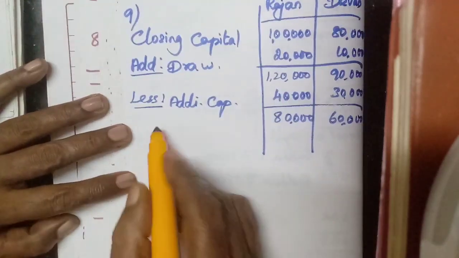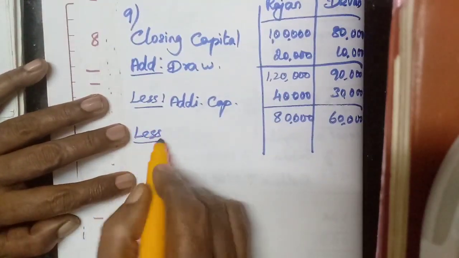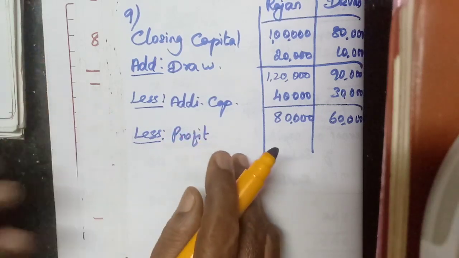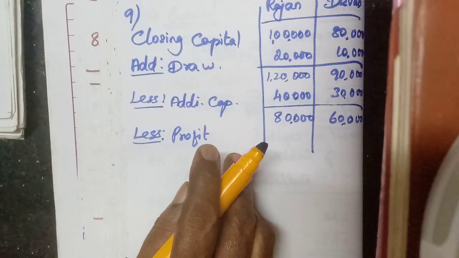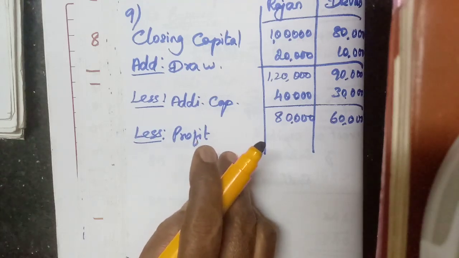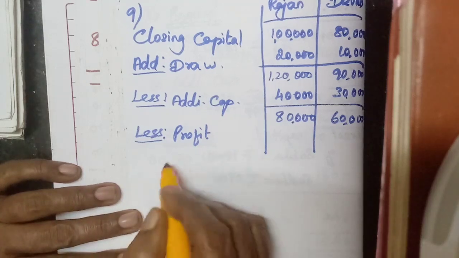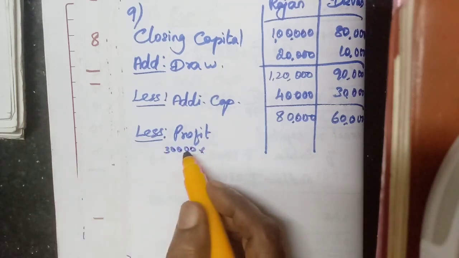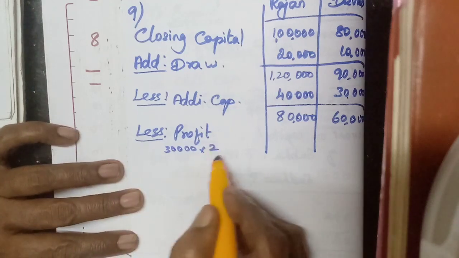Now less profit. How much profit is given in the profit and loss appropriation? 40,000. The profit earned is 70,000, so 70,000 minus 40,000 is 30,000, isn't it? This 30,000 will be shared among the partners in the profit sharing ratio 2:1.